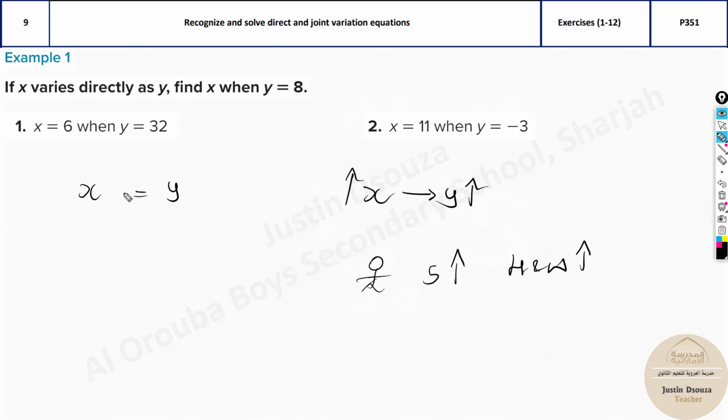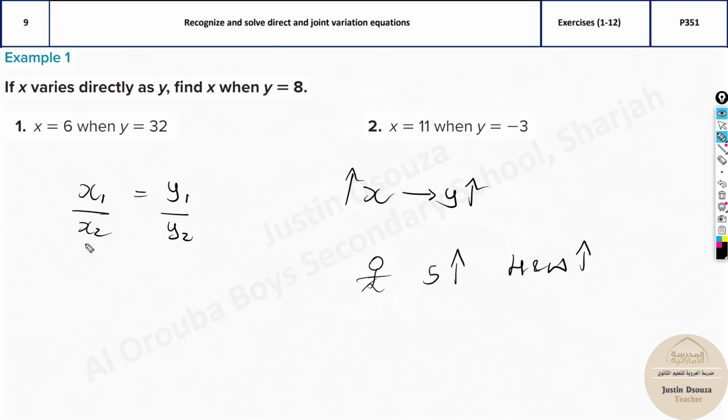Now we can't exactly put equal to, but I'm putting it because once you know x is directly varying as y, you can't solve it with only one set. So consider one set as x1, y1 and the other as x2, y2. The variation is always proportional, so this is how you write the formula.